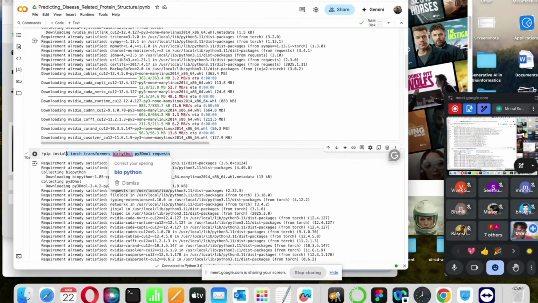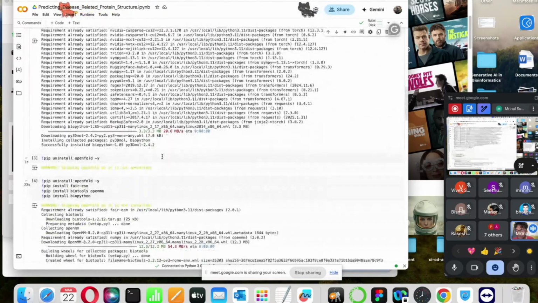It includes BioPython, which is basically for bioinformatics purposes. Py3Dmol is to view the molecular structures, which you can view in various tools like UCSF Chimera, PyMOL, and all of that. To view them in a 3D format, you need packages like Py3Dmol. Transformers is also needed, Torch, and Requests. All of these three are required.